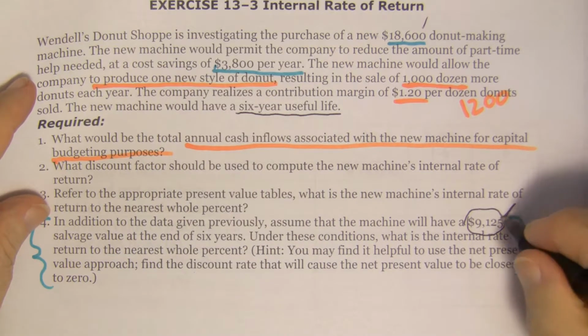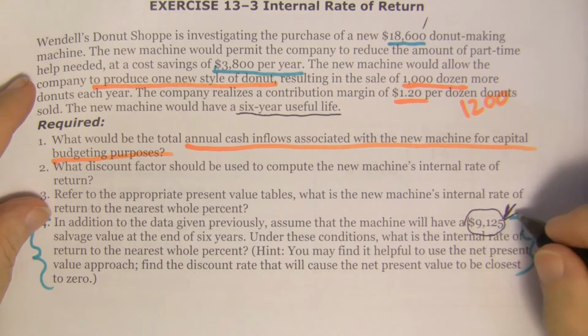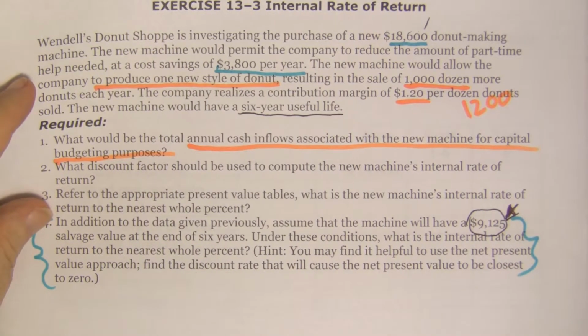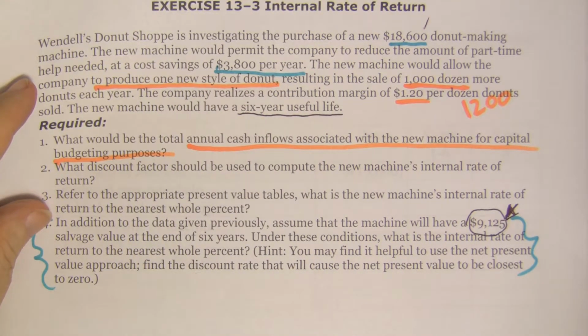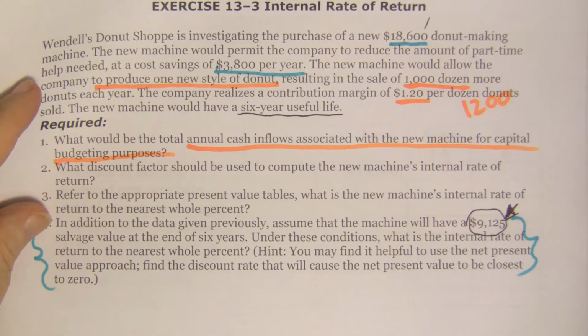If you know that it's going to be greater than 16%, because there's a $9,000 salvage value, that's all you need to know as managers. Doing the internal rate of return with a series of staggered cash flows, that's for the finance guys.